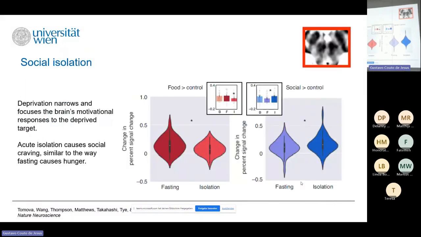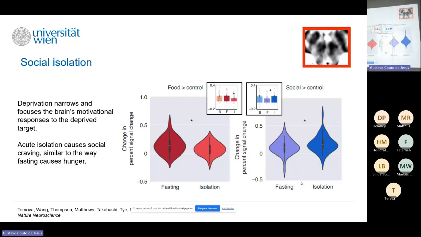And what she also observed is that the midbrain, an area in the brain that is particularly related to social or reward processing, was specifically sensitive to the deprived stimulus. So in the case of food, it was more active during food picture presentation.